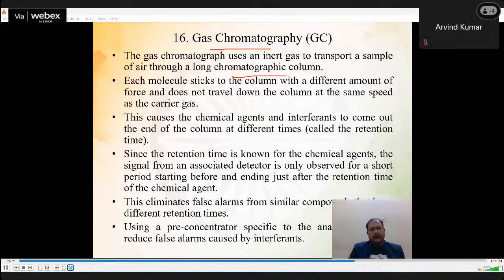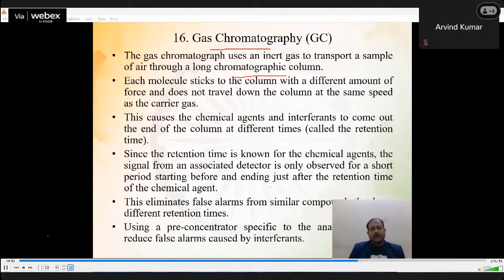This causes the chemical agents and interferences to come out at the end of the column at different times, called retention time. Since the retention time is already known for the chemical agents, we can easily identify them.